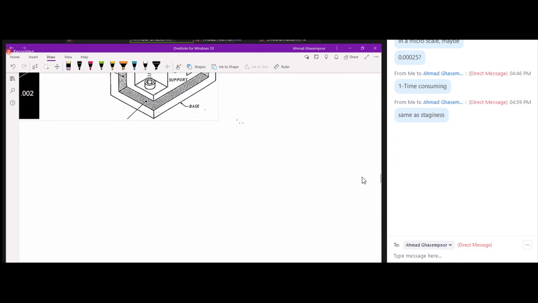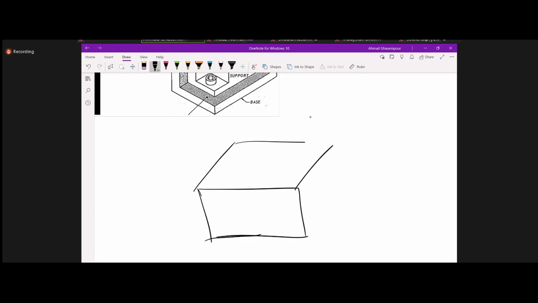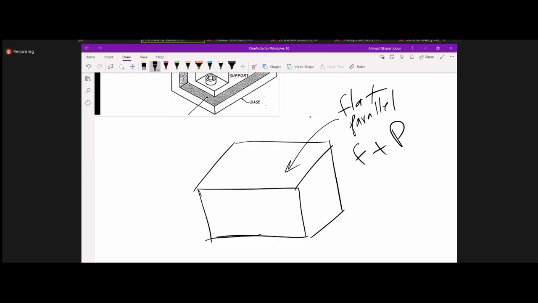So to make a distinction, this top surface here could be flat, could be parallel, and could be flat plus parallel. If it has to be parallel, it has to be parallel to something. So if I was talking about parallelism, of course I need a datum.